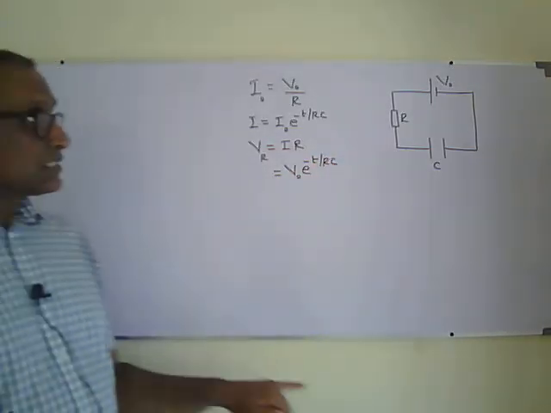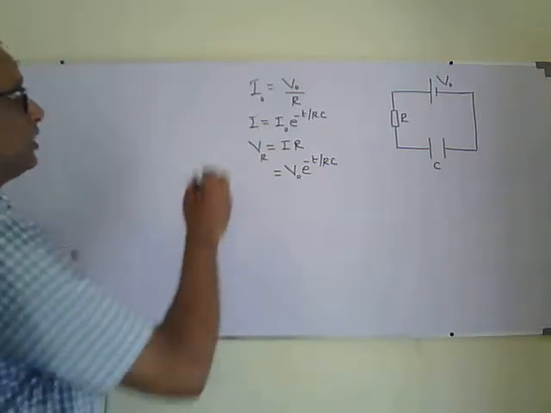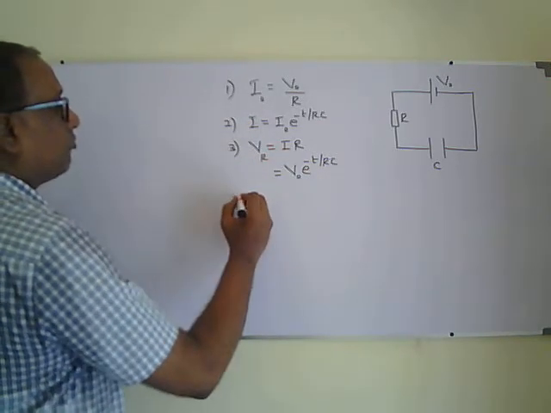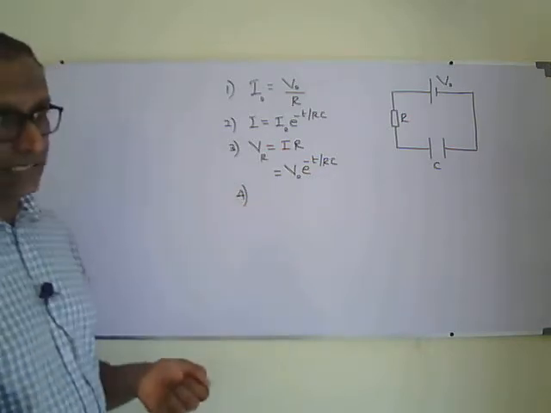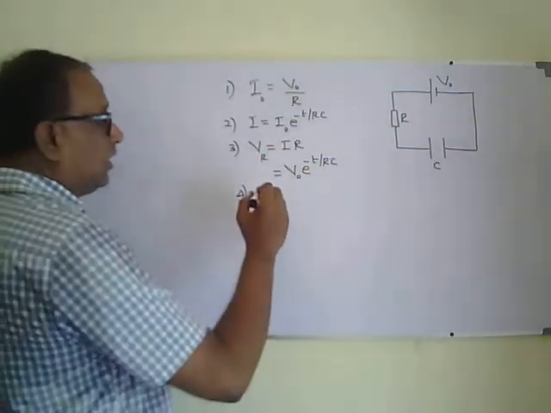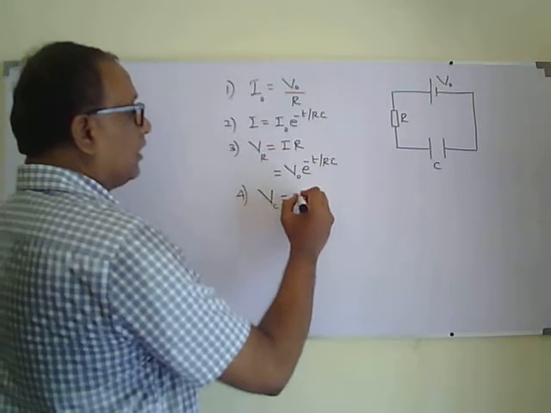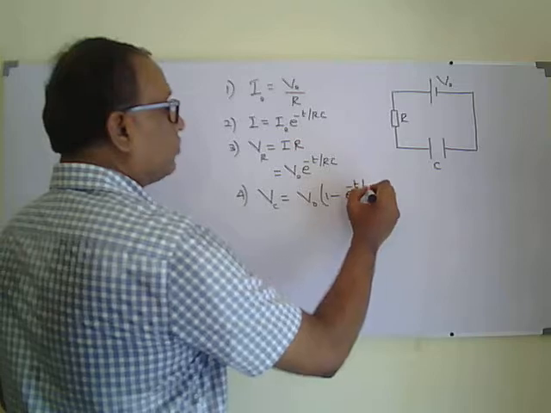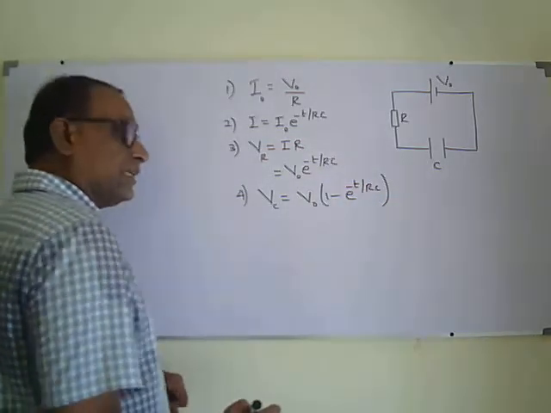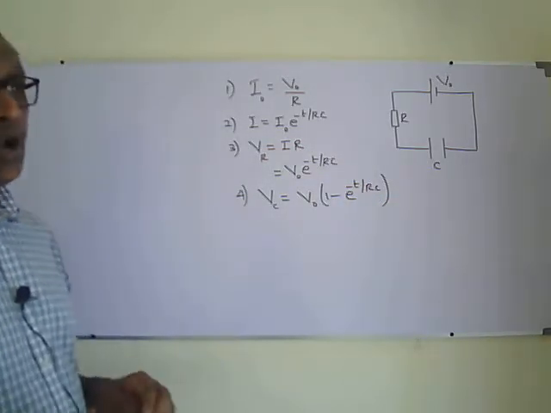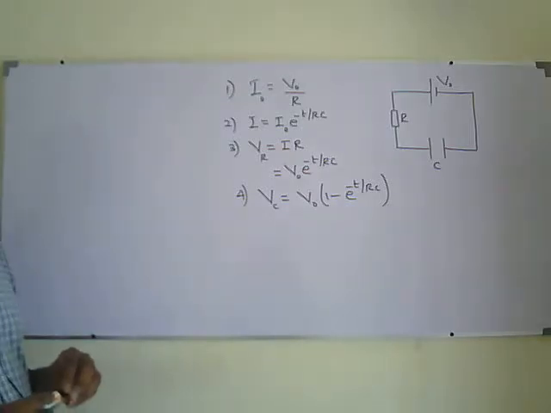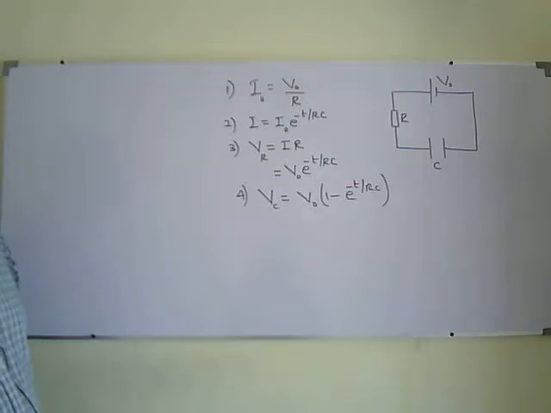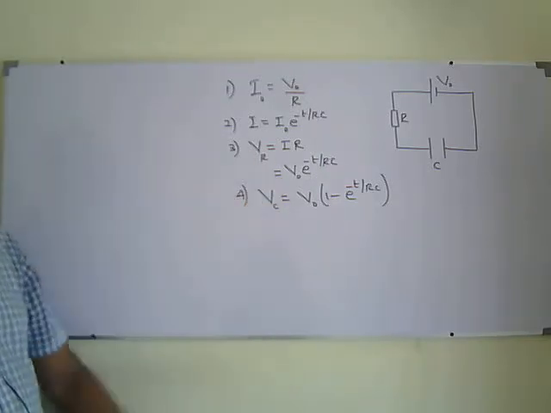What will happen to the voltage across the capacitor during the charging process? The voltage across the capacitor will increase according to Vc equals V naught times 1 minus e to the power minus t over RC. So these are the equations related to the charging process.